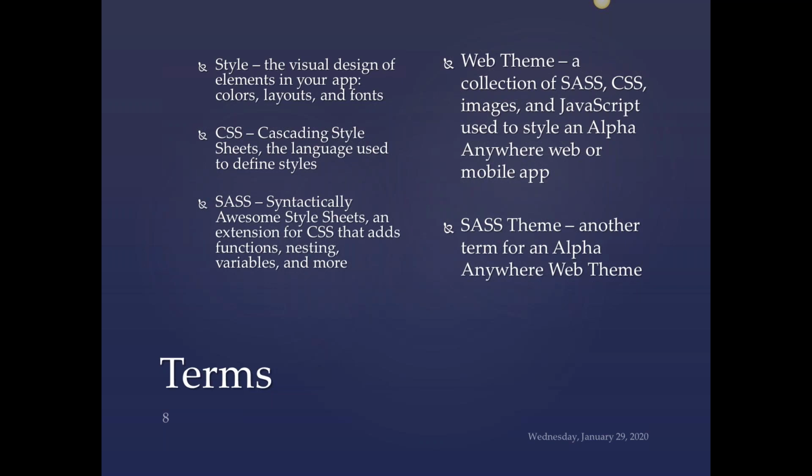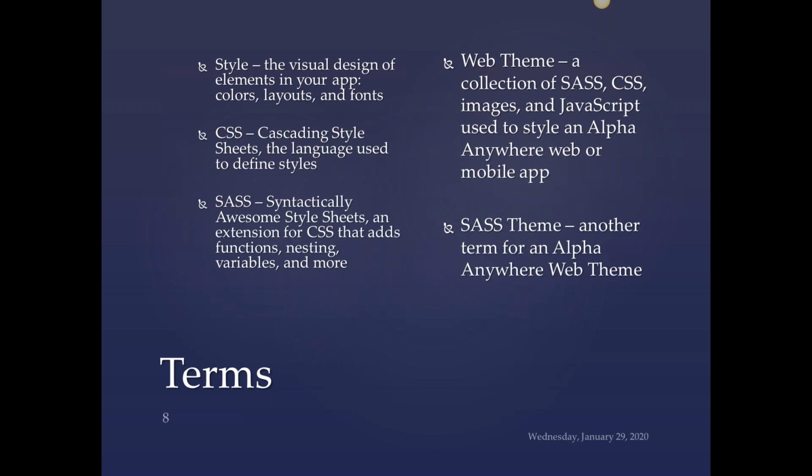Around styling, we have two languages that are available. There's CSS, Cascading Style Sheets, which is the language used to define styles in HTML. And just for clarification, in Alpha Anywhere, both web and mobile apps are styled using CSS and SAS, which stands for Syntactically Awesome Style Sheets.